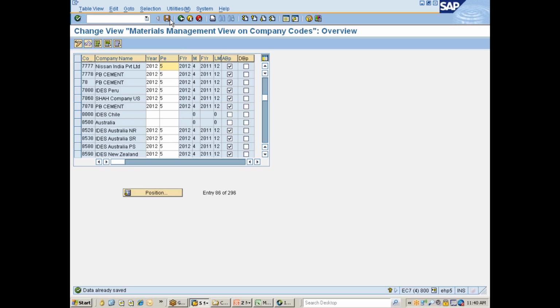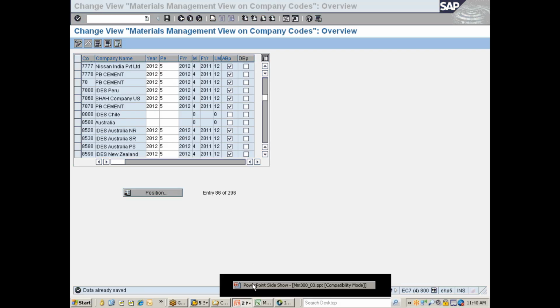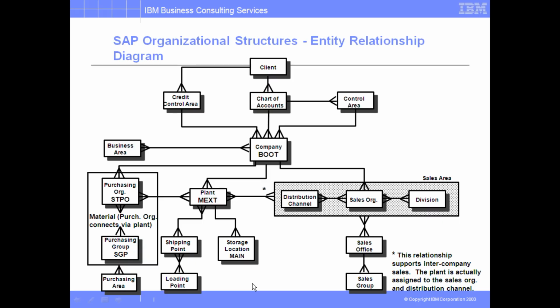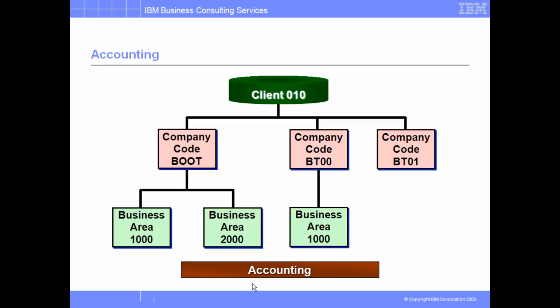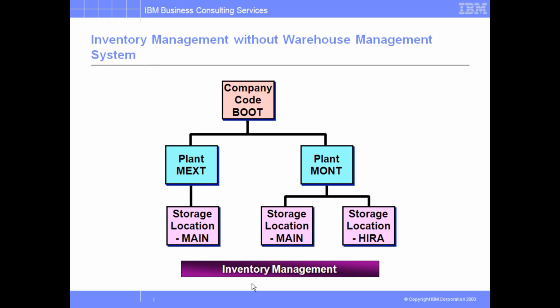Okay. So with this, I am concluding the organization structure demo. We will keep discussing the various organizational elements when we go through the presentations. Tomorrow I will walk you through these things once again: plant, purchase organization, storage location. From the accounting perspective, what organizational elements are required?